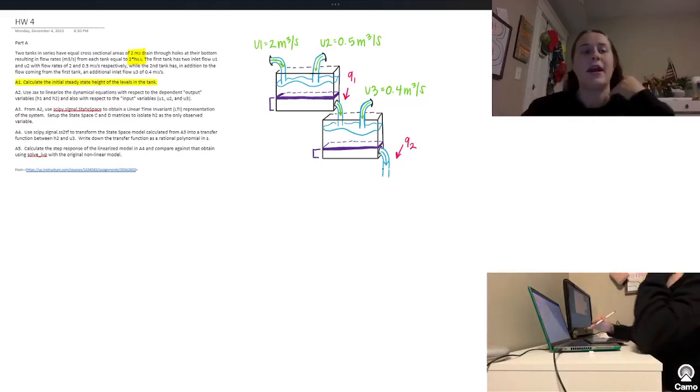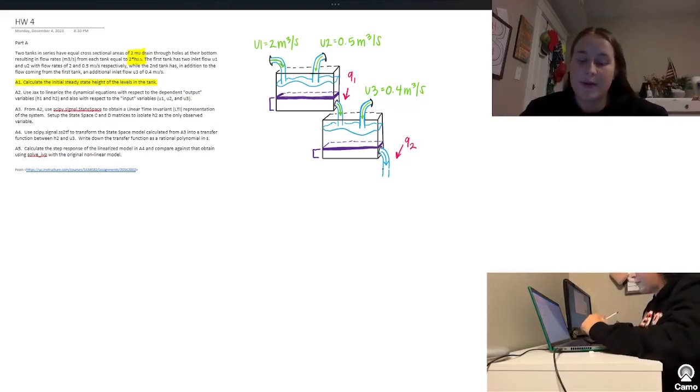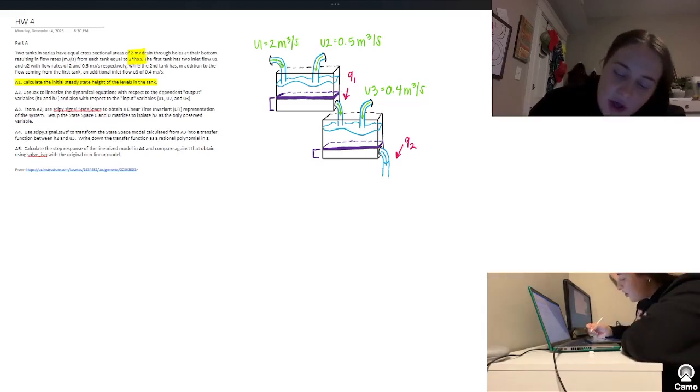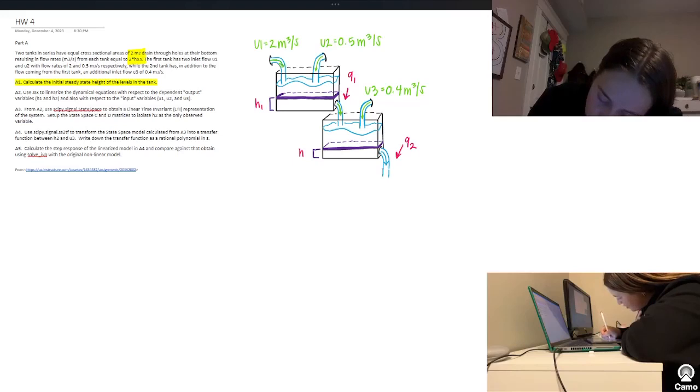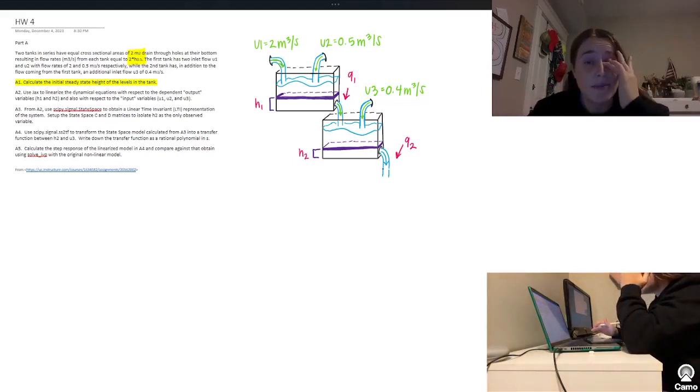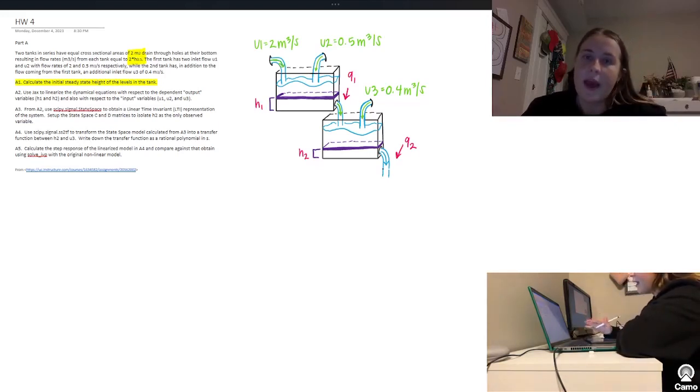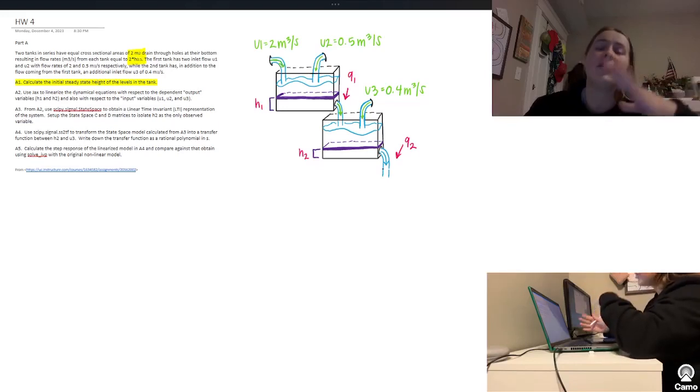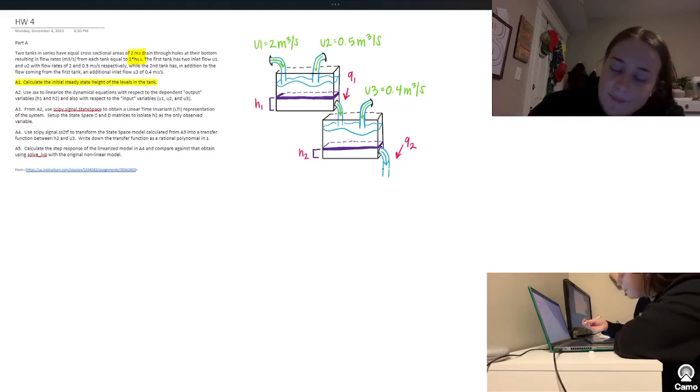Q1 and Q2 are in relation to the height of the tank, which I have over here. This is H1 and this is H2, the height of the liquid inside the tank at any given time. In my previous videos I've stated how we get to that point and how we do the change in volume with respect to time. So I'm just going to put that here.